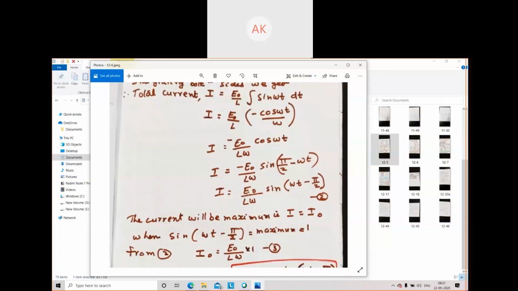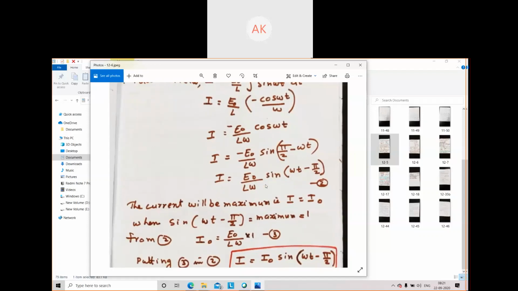So I0 becomes what? E0 by L omega, because when current takes its maximum value, this factor becomes 1. So I0 equal to E0 by L omega.